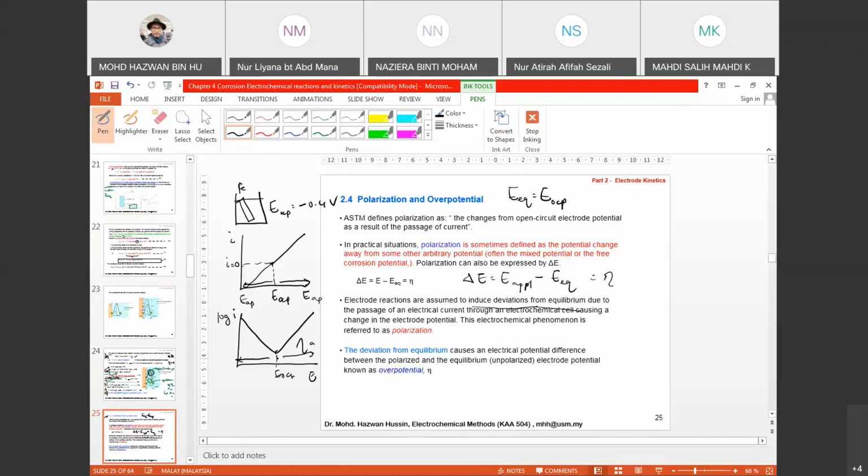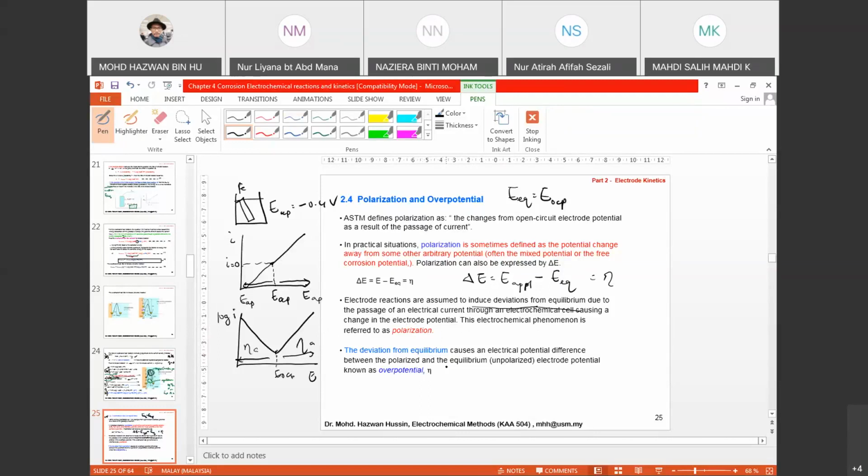We actually increase the potential value by force, not naturally, by force. Due to the passage of current, we set it on the potential state, we increase the potential value, okay? And causing a change in electrode potential. This is known as polarization.